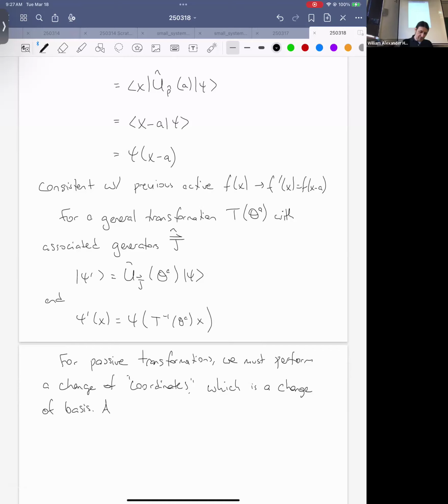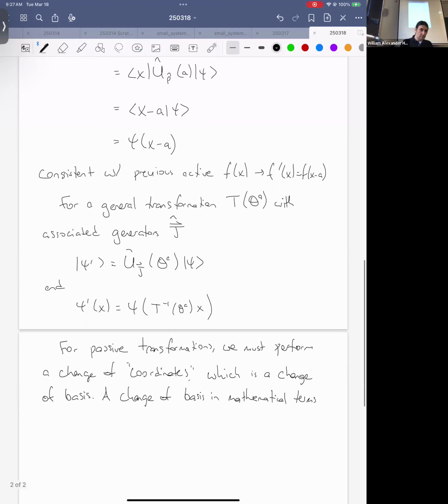And what is a change of basis? Change of basis in mathematical terms is known as a similarity transform. I think I've mentioned this before at some point.